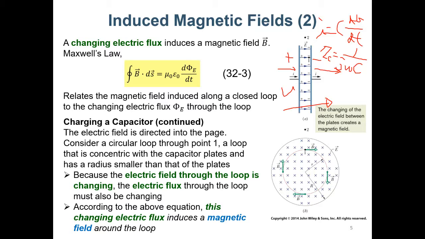But if omega is very large, then Z of C, or its absolute value, is small, so a signal with high frequency can go through it.